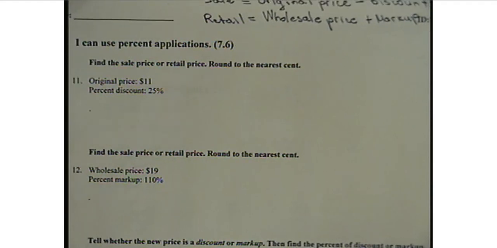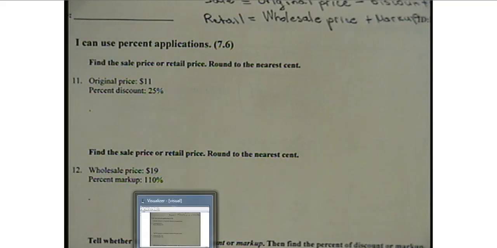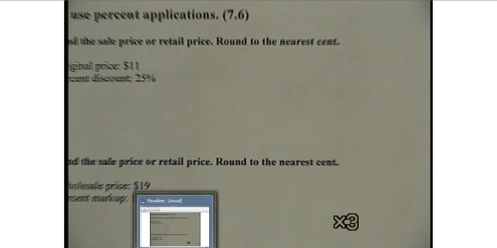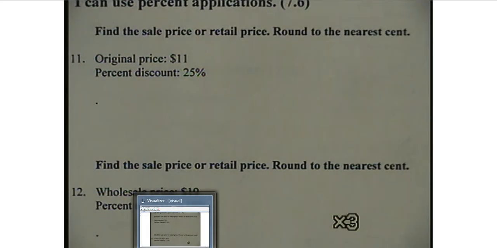Find the sale price or retail price, round to the nearest cent. Sorry about that, this mouse is moving pretty often. So we have to find one of those two. First thing, your job is to decide what is happening. Do we have decreasing? Do we have increasing? How do we get that?